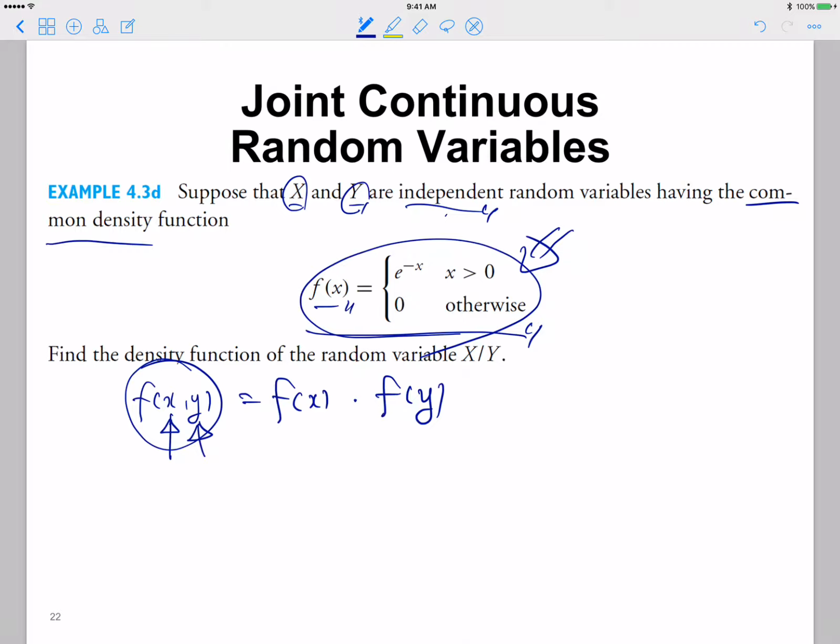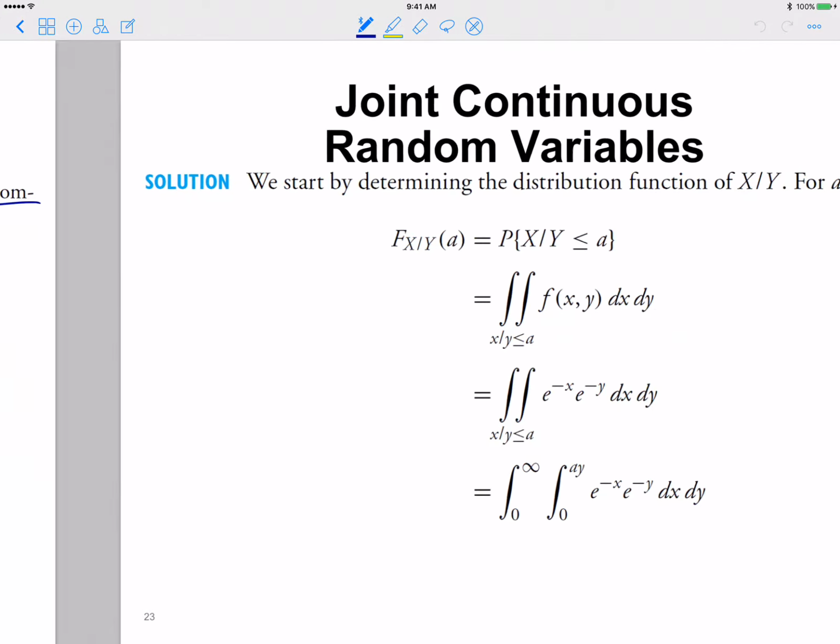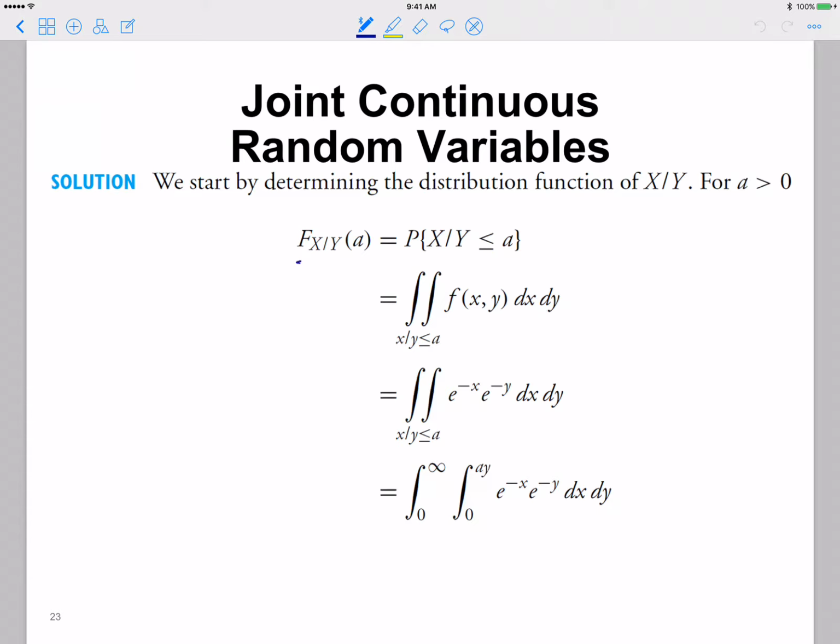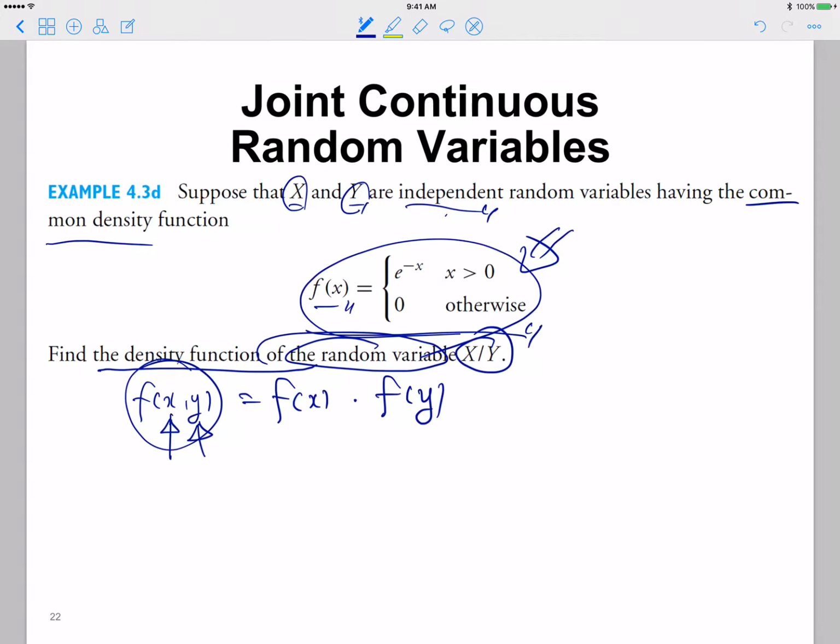But the question in this example is that we have to find the density function of the new random variable X divided by Y. So the ratio between x and y. Then let's start with the cumulative distribution function. First of all, this is a single random variable, right?